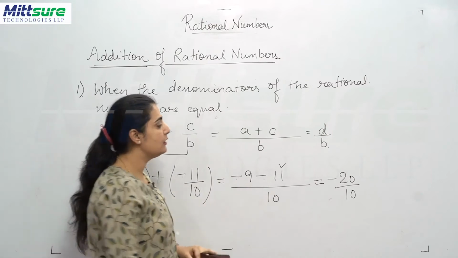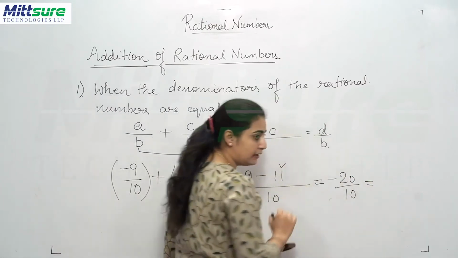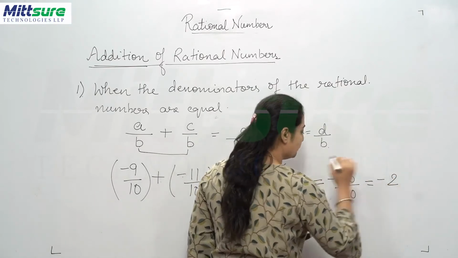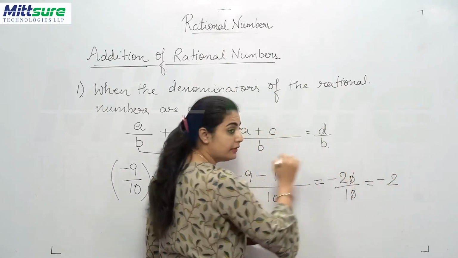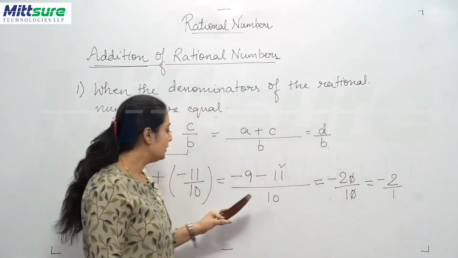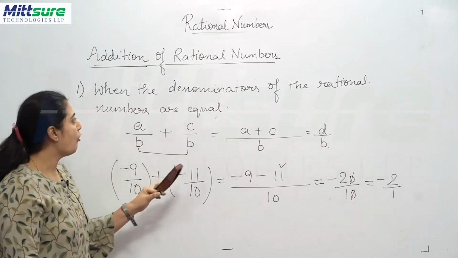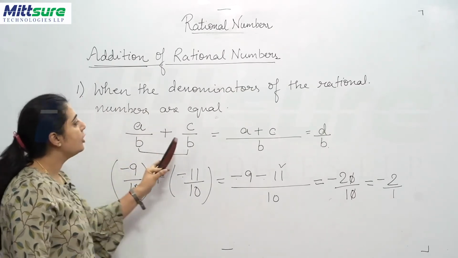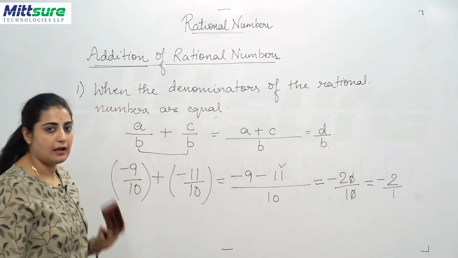Now again this will be reduced to standard form, that is minus 2. This 0 got cancelled with this 0. This becomes minus 2 upon 1. So this is how the addition of rational numbers is performed when the denominators of the rational numbers are equal.